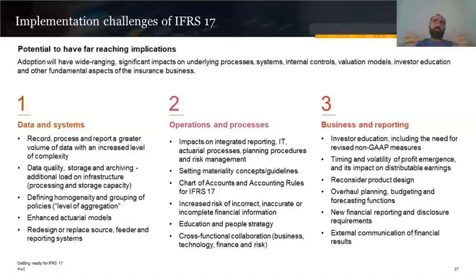Because every little thing impacts every other thing. There's a continual back and forth between setting your policy and methodology. Within your policy and methodology, you have a whole range of options that you can take, and depending on the option you take, you will have a different financial impact.